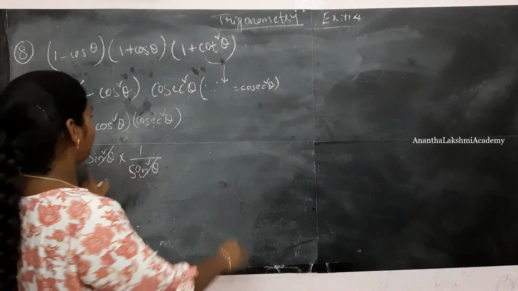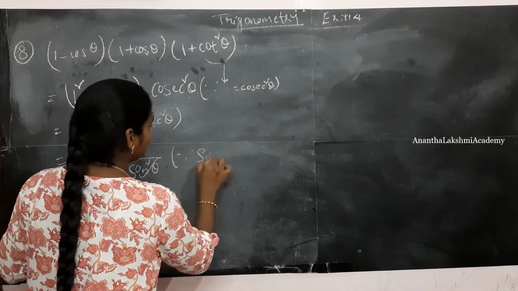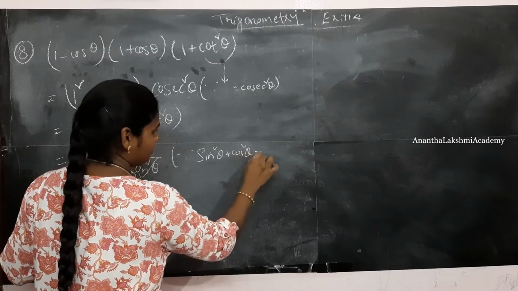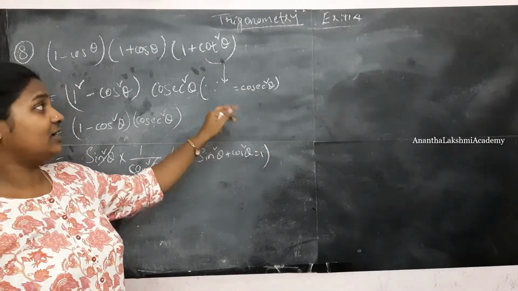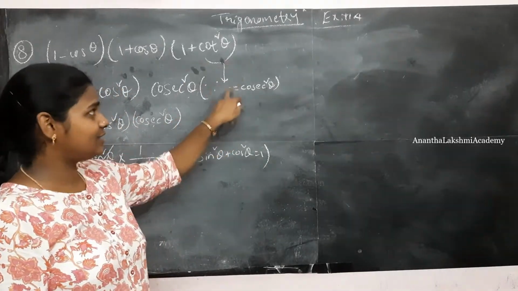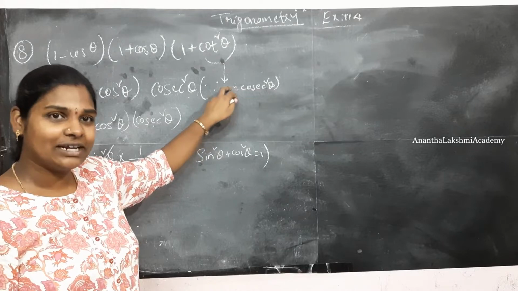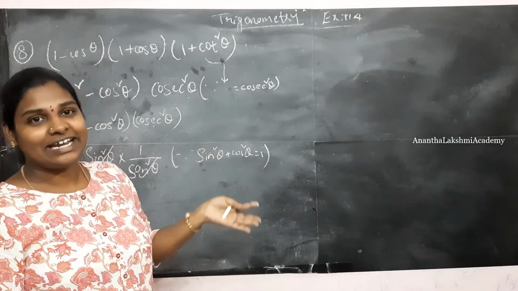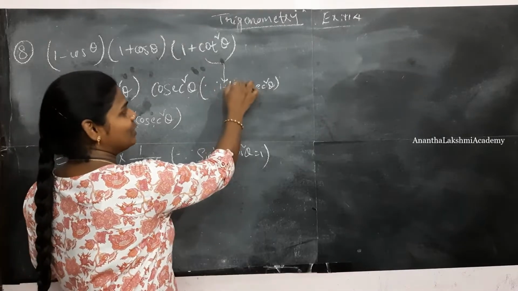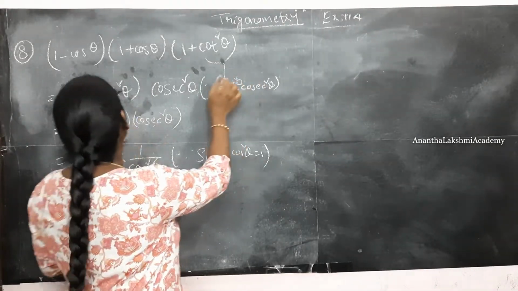So here, what have I done? I have used the first trigonometric identity, sin square theta plus cos square theta is equal to 1. It's just using the identities. Here, for understanding purposes, I wrote it with the arrow mark, but while writing in the exams, please do not do this. You just write it like 1 plus cot square theta. Okay, this is about problem number 8.